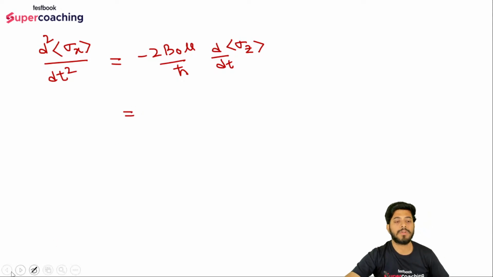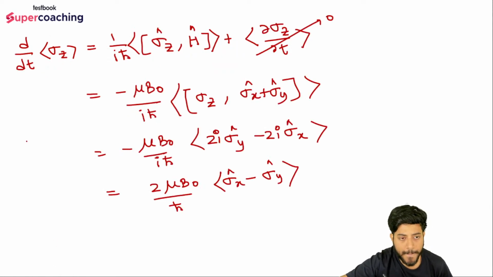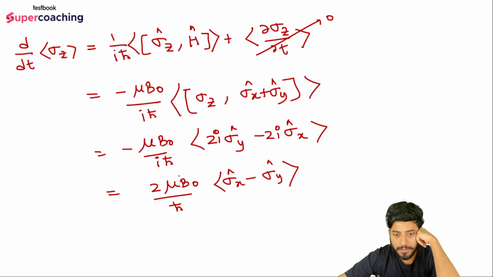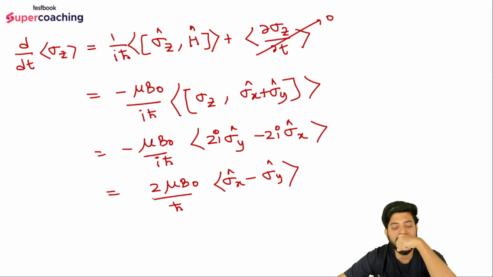This thing we know, the derivative of the expectation value of sigma z is what? Okay, I don't think we will get anything this way.